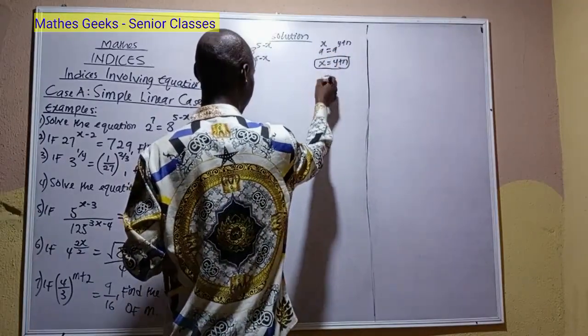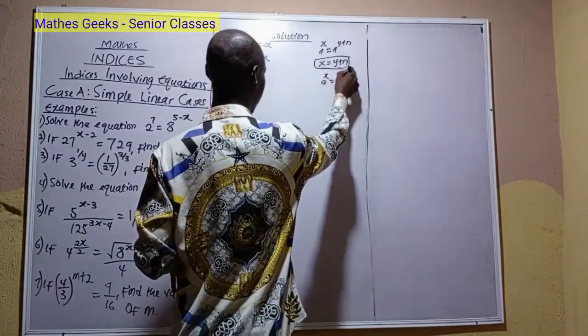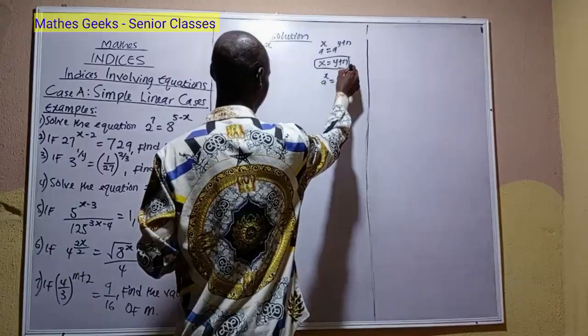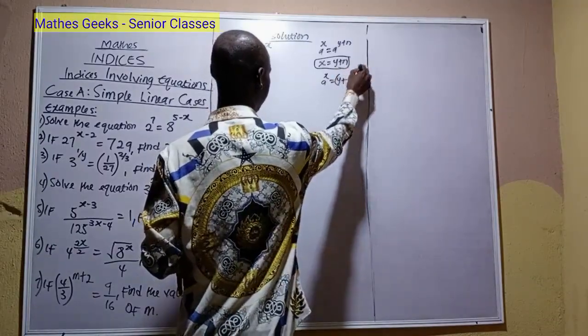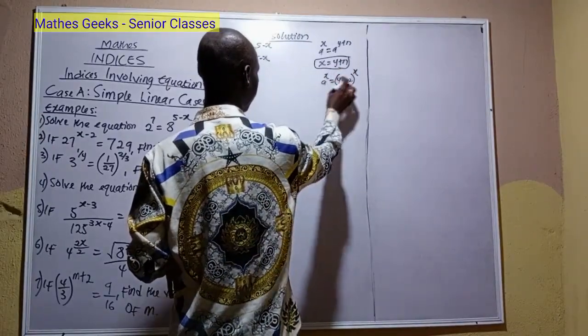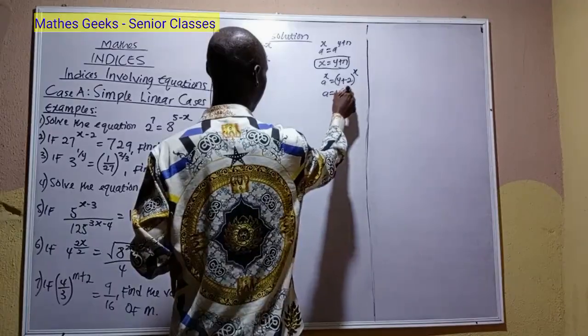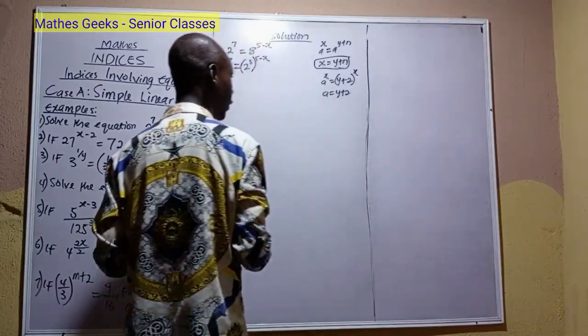Then in another case, let's say this is a raised to the power x and y plus 2 is equal to x. Now, if the powers are the same, then we can equate a equal to y plus 2. Then we solve for either a or y, depending on what is given to us.